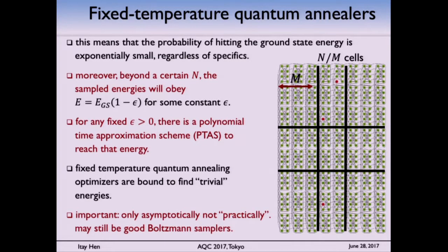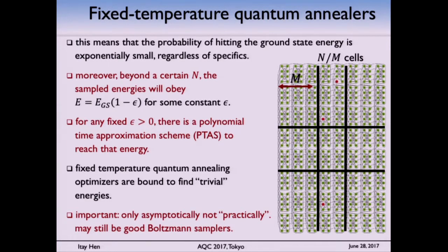Another thing I want to say is that of course all this treatment was asymptotic, as n goes to infinity, but for practical optimization problems we don't really care about infinity. For many problems infinity means the practical regions, but for many other problems infinity means something we don't care about.